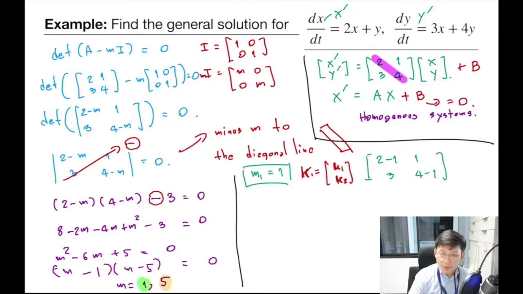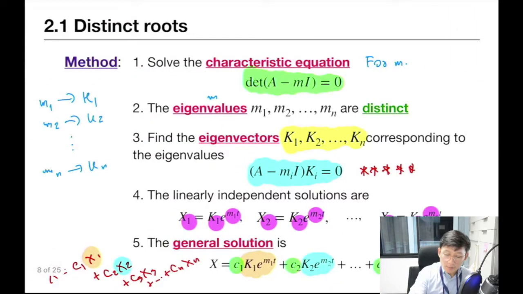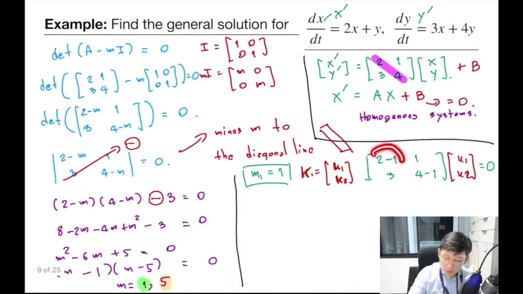So it's going to be multiplied by [k1; k2] and equals 0. Guys, don't forget here it's A minus M1 I times K1 equals 0, which means that you need to subtract M1 from the diagonal line, 2 minus 1, 4 minus 1.